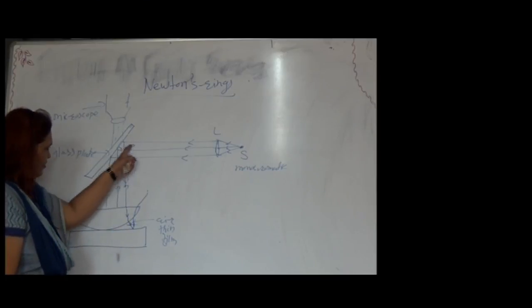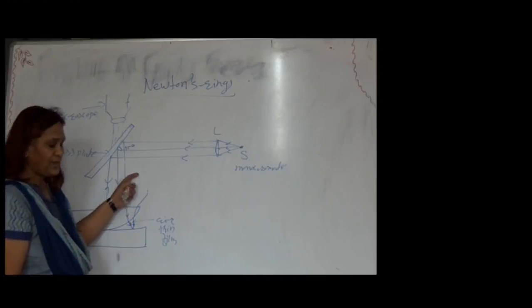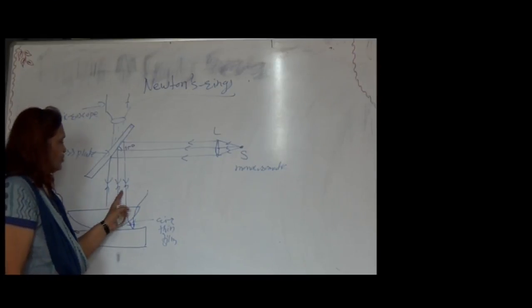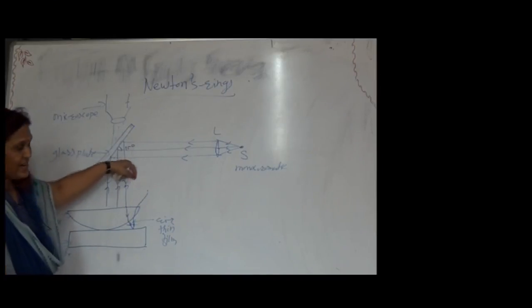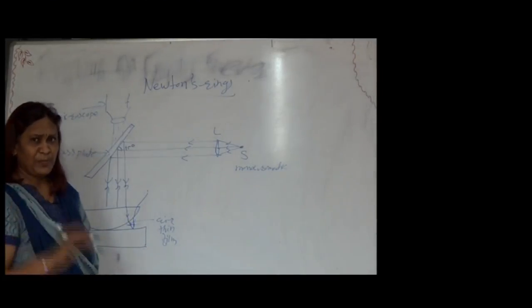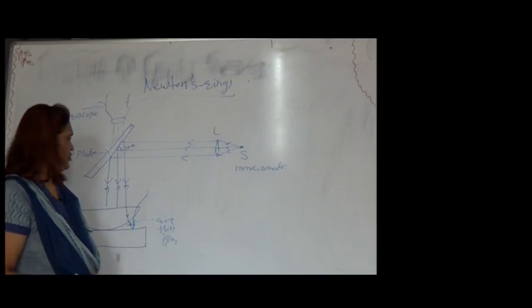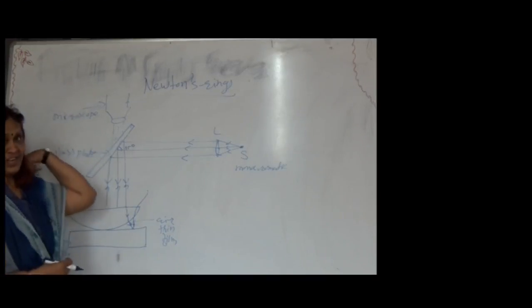These rays, incident normally to the plano-convex lens, emerge out from the whole system of the Newton's ring. Some are reflected in the upward direction, and these are in the downward direction. So both the rays are in superposition to each other, and when the two rays are superposed, there is a formation of a Newton's interference pattern.